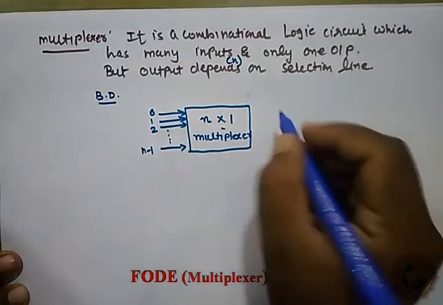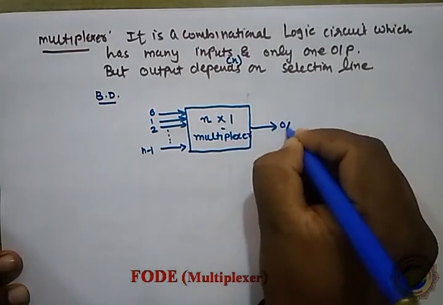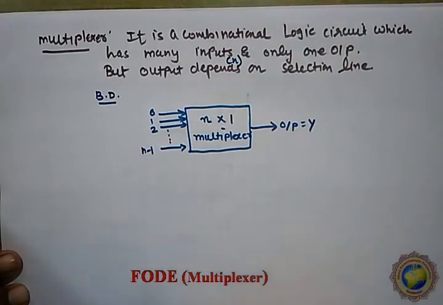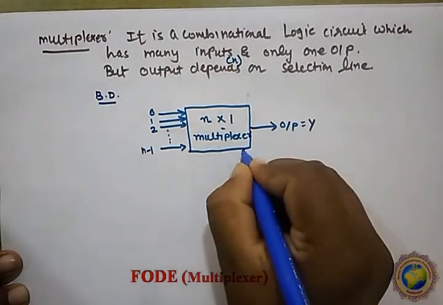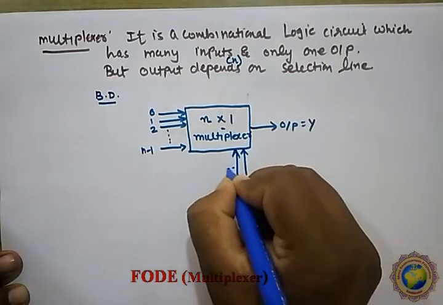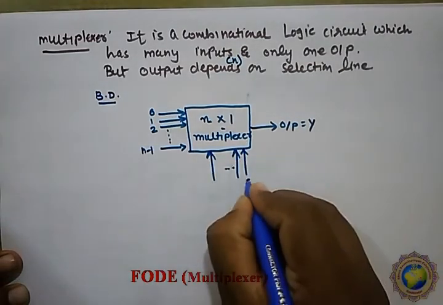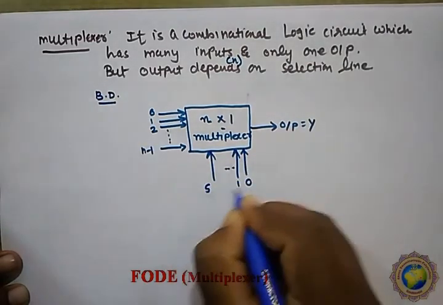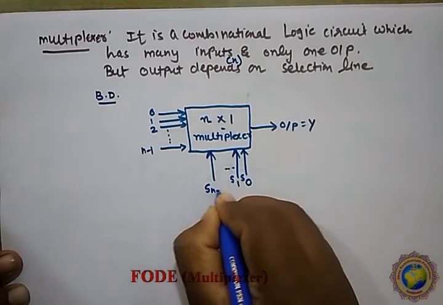So total is n. It has only one output and that is Y. It has requirement of the selection lines S0, S1 up to Sn minus 1.